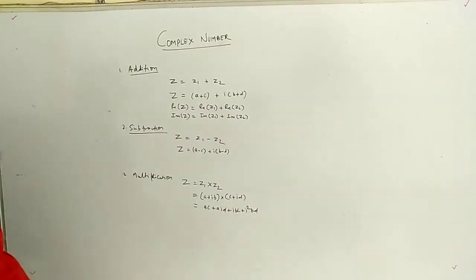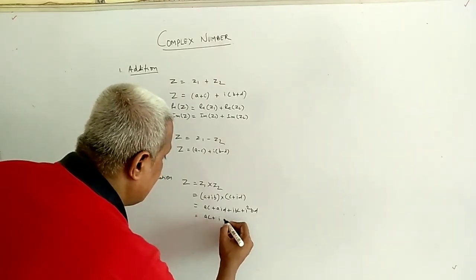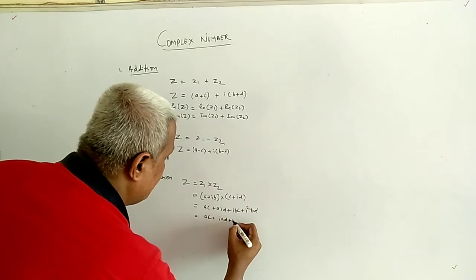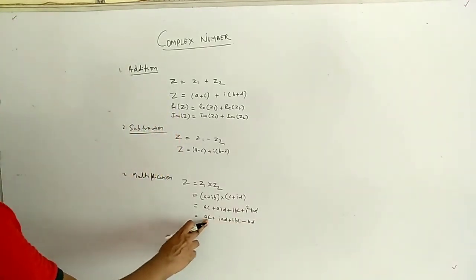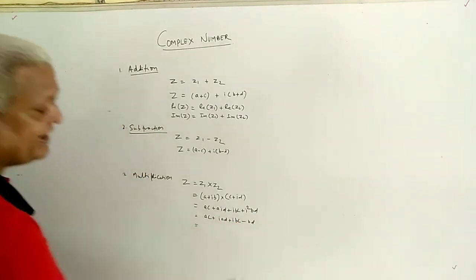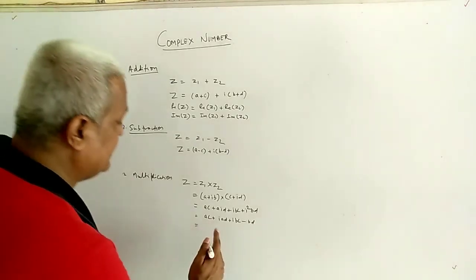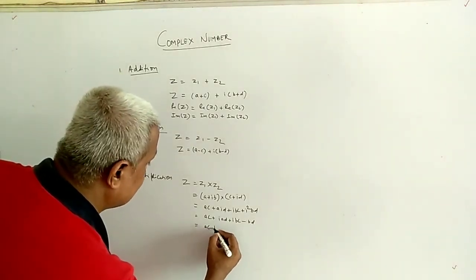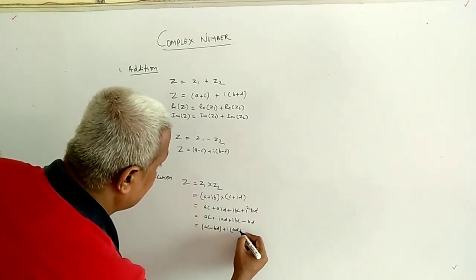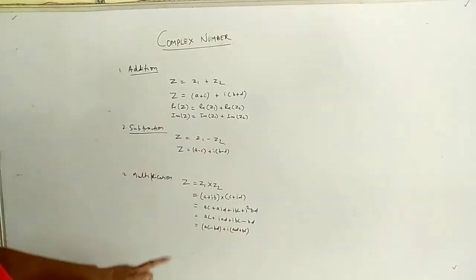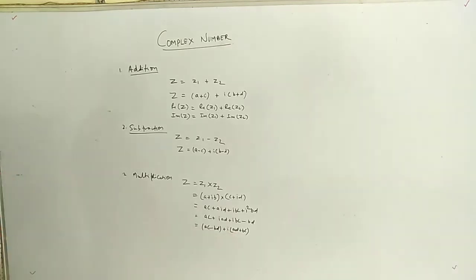Now you know that i squared is minus 1, so I can write AC plus iAD plus iBC minus BD. There are two terms devoid of any i, so these two are the real part, AC and minus BD. So you get AC minus BD plus i(AD plus BC). So Z equals AC minus BD plus i(AD plus BC).